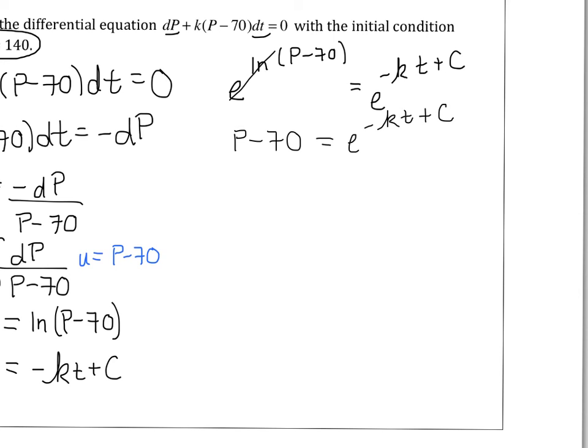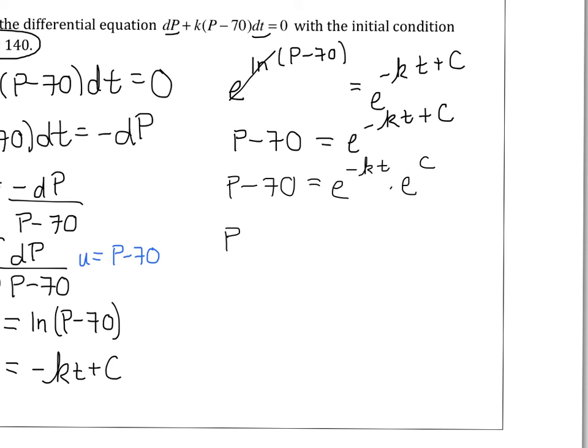All right, you could actually leave the right-hand side like that, but more often than not, they're going to do what we had done previously and separate the exponents into the exponents of two like bases. Meaning that e to the negative kt plus c is equivalent to e to the negative kt times e to the c.